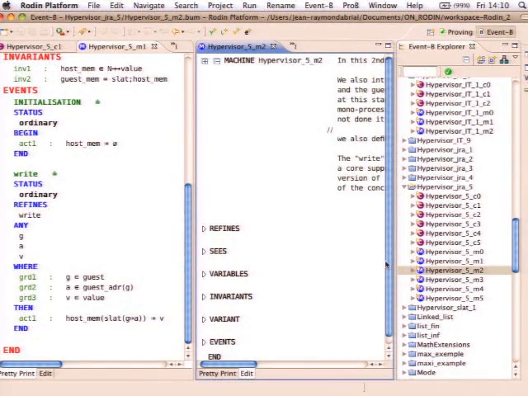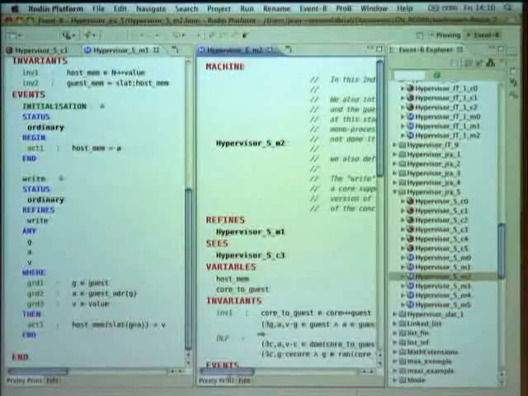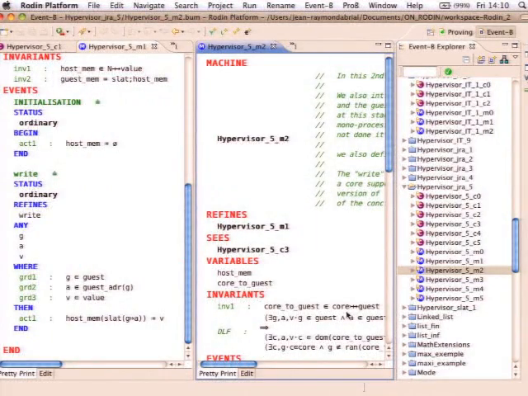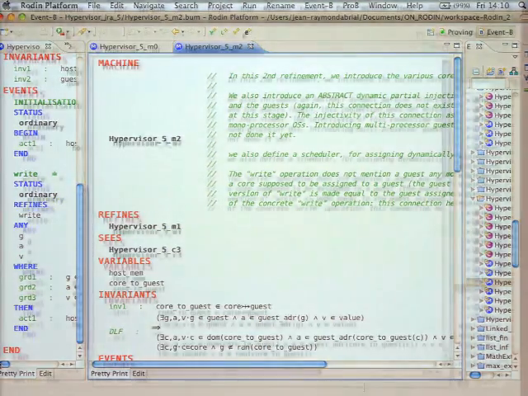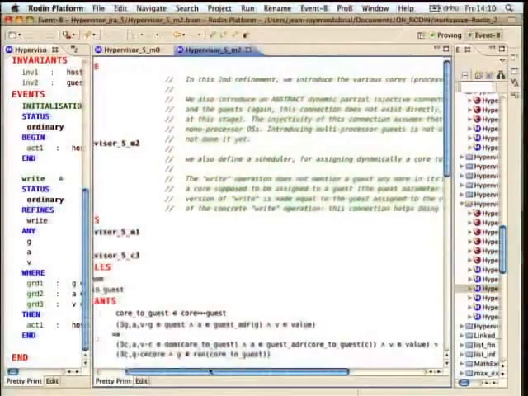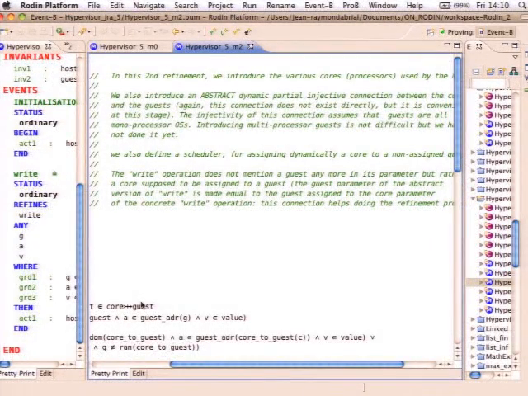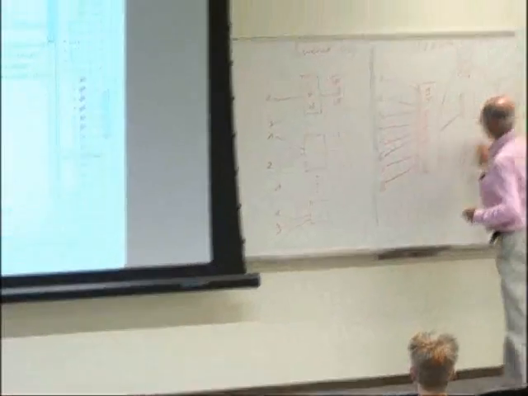So M2 is doing the following. In this second refinement, what we do is we introduce the various cores. We have now shared the memory, and now we are going to introduce these people.